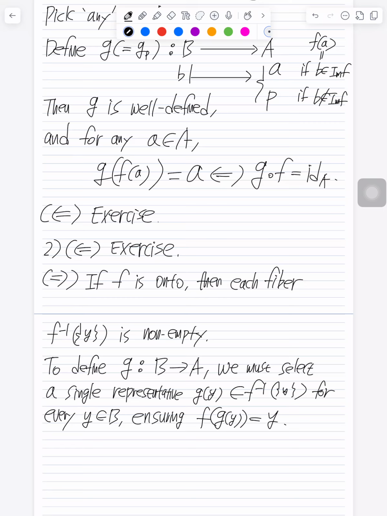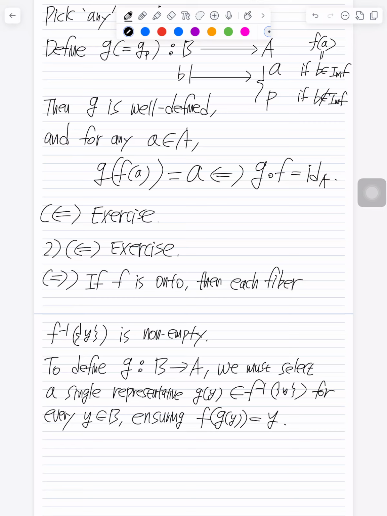However, how do we guarantee that this fiber is just a finite set? This selection process across potentially infinitely many non-empty sets is precisely where the axiom of choice can be required. Let me just repeat.